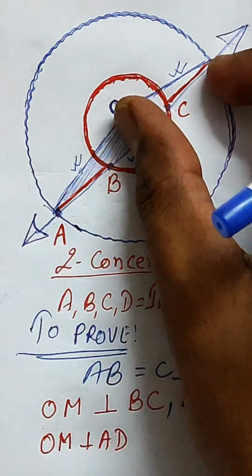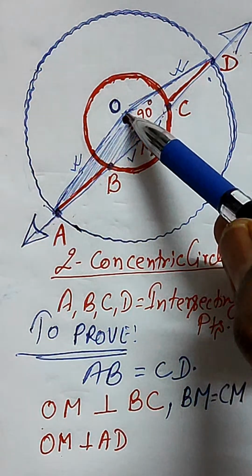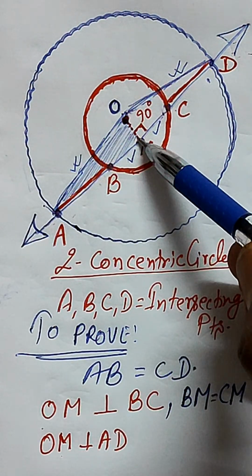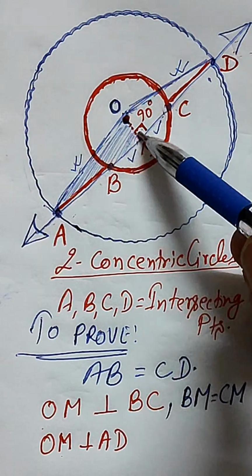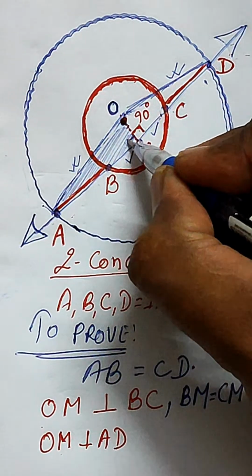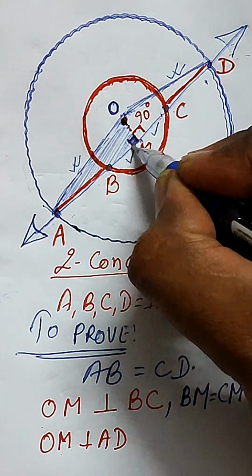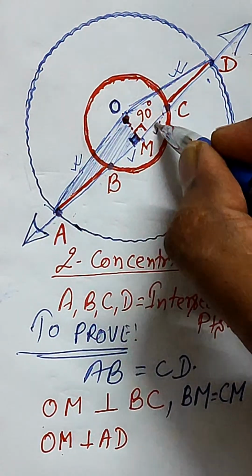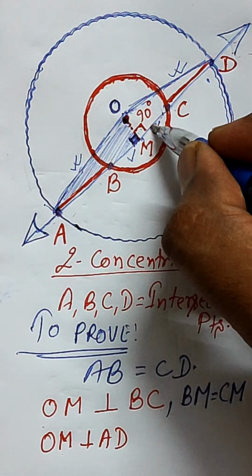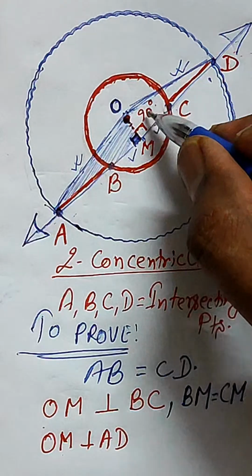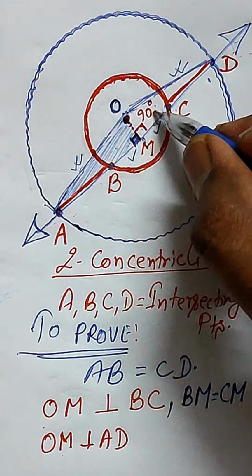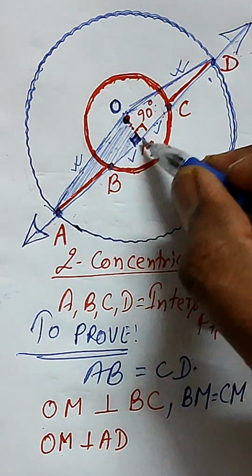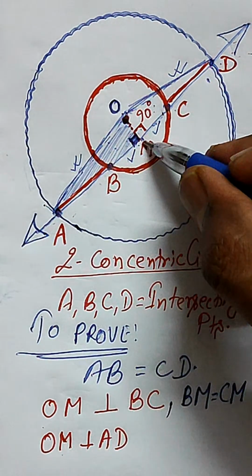If these two are the radius, this is the common line, and this is a 90-degree common angle, 90 over here also and 90 in the other triangle also, then by proving the congruency of these two triangles, we can prove AM is equal to DM.